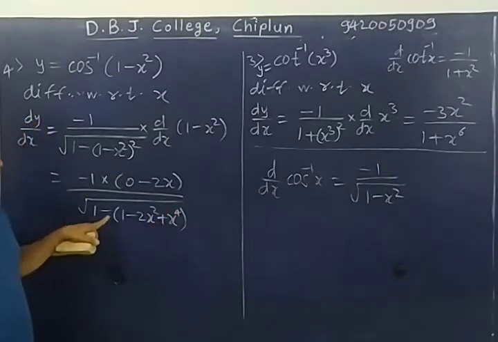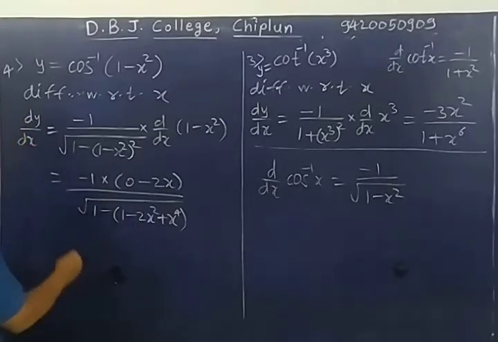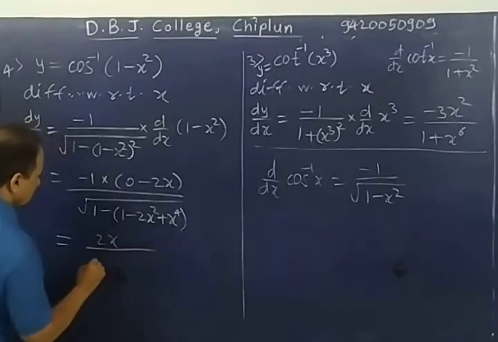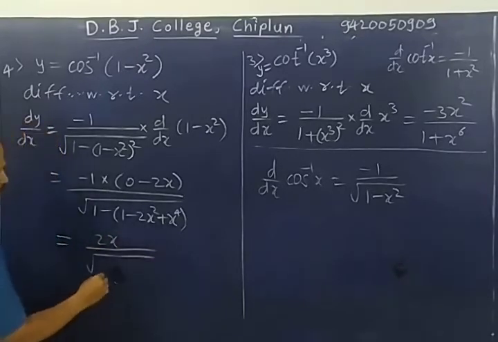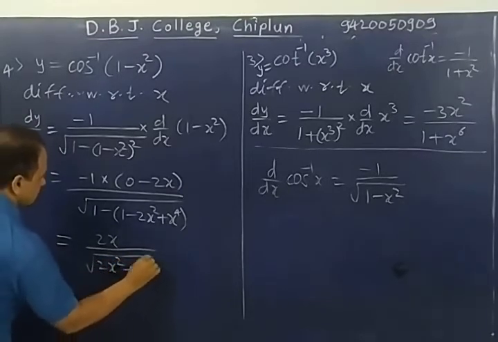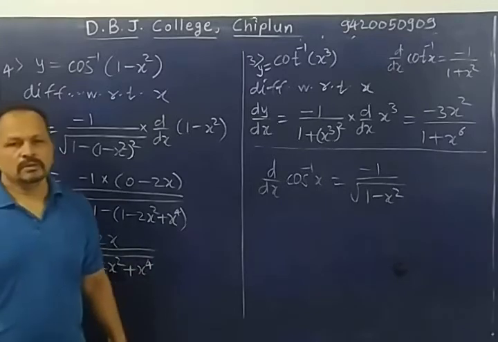You can now open the bracket, change the signs, cancel out 1, equal to 2x upon under root 2x square plus x raised to 4.